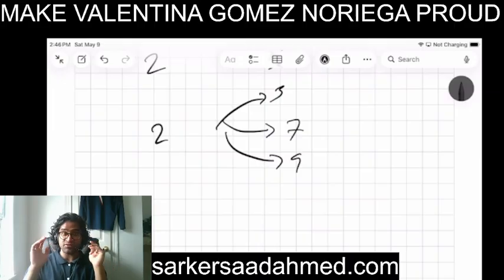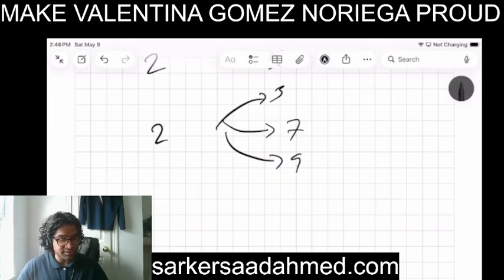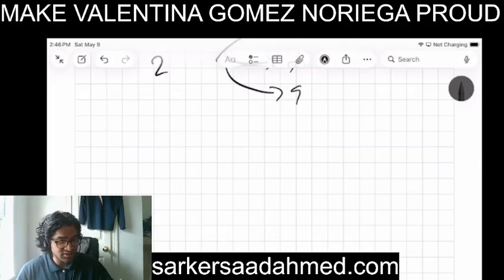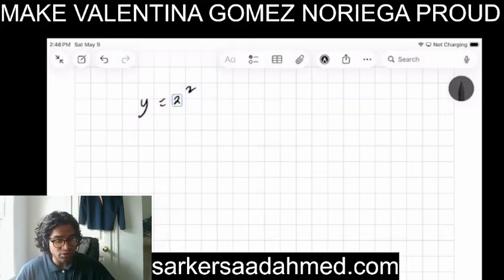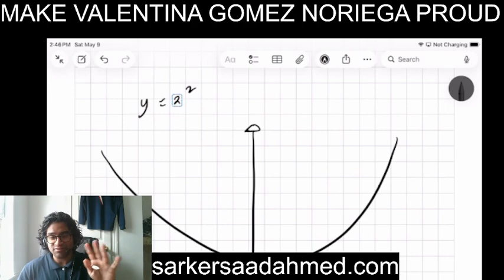There's the linear, there's the vertical line test. You can also have it for quadratic, but in quadratic, here's one catch. When you have y is equal to x square, you're going to have a quadratic graph.